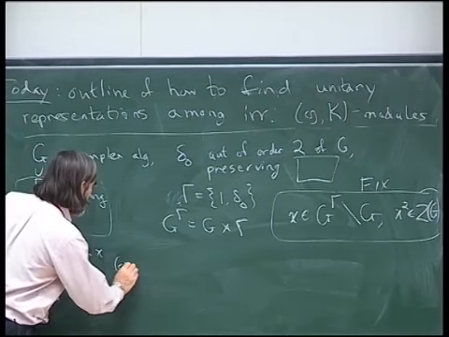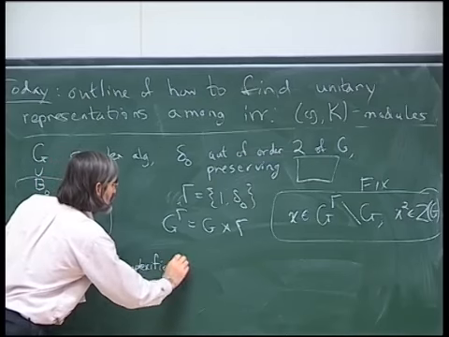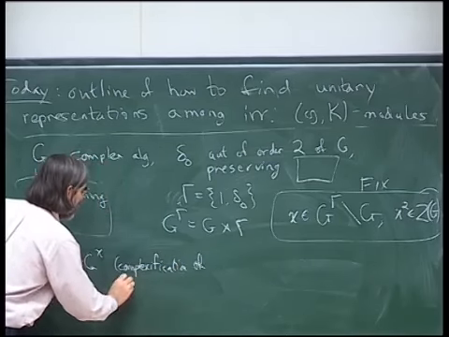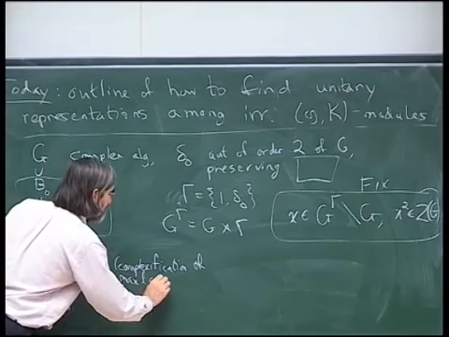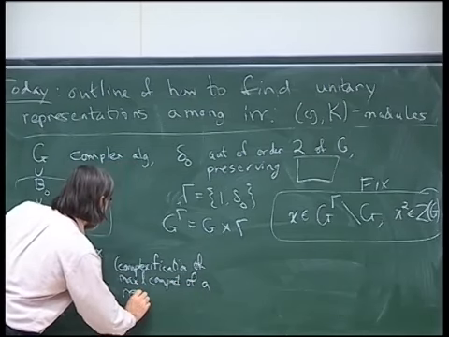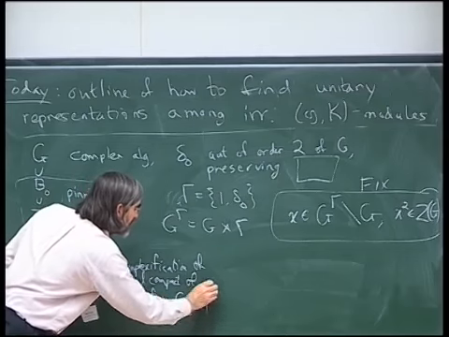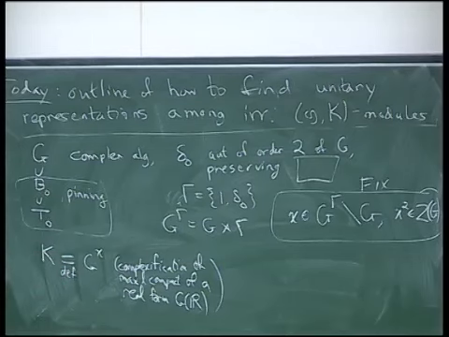So this was the complexification of the maximal compact of some real form G of R, which is otherwise invisible.